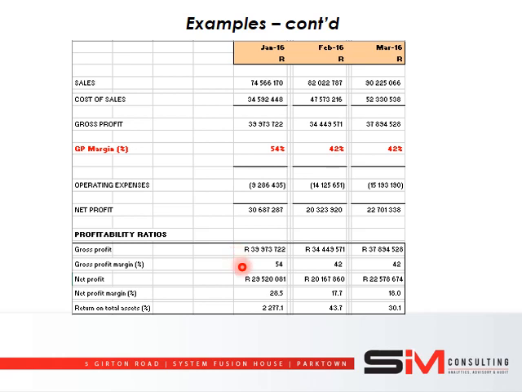Secondly, we said positive for gross profit margin. In this case, it shows positive. It's a good result. Secondly, we said it should be positive for net profit. In this case, it is positive. That is a good result. Number 4, we said it should show a positive on net profit margin. In this case, it is positive.